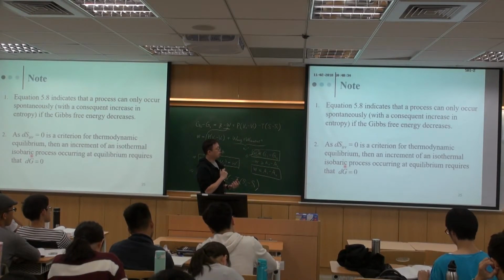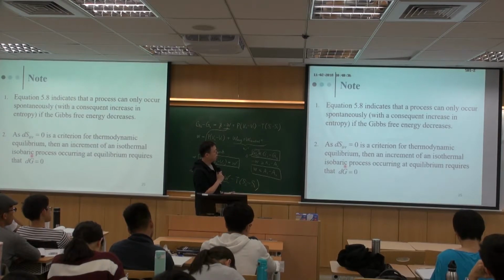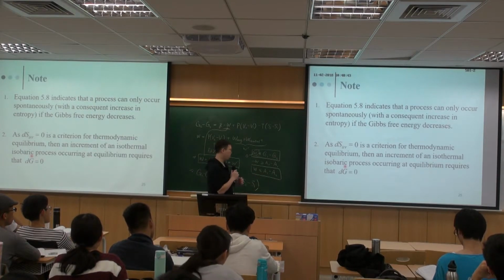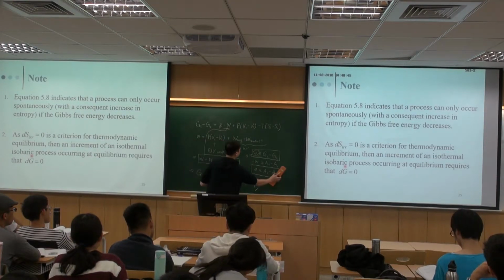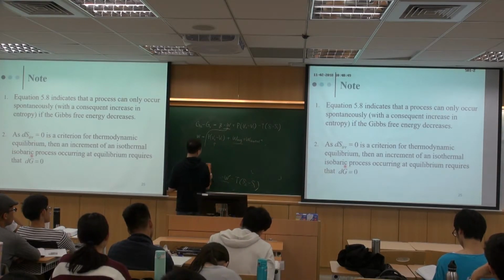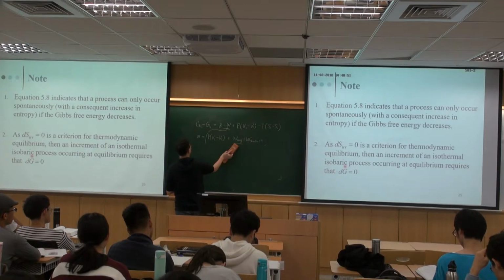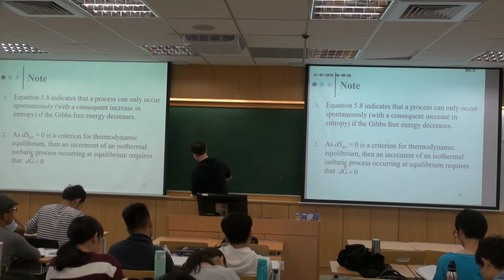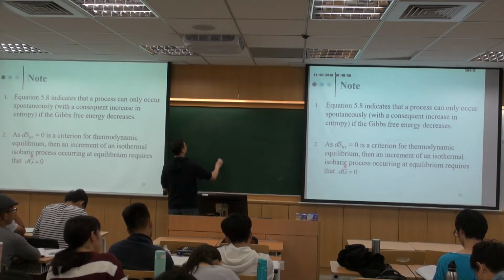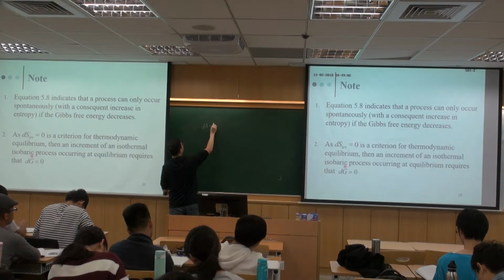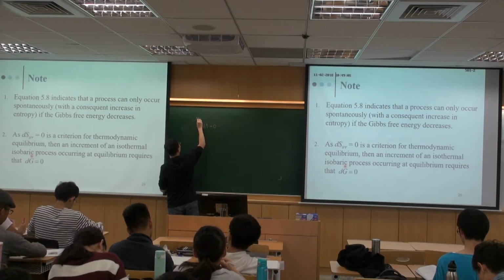Okay, so if you're dealing with, for instance, an isothermal and isochoric process, then we know that you have to use dA is 0, right? So that is the most important thing that you have to keep in mind: when will be the time for you to use Helmholtz free energy, and when will be the time for you to use Gibbs free energy? So let us consider just reversible processes.